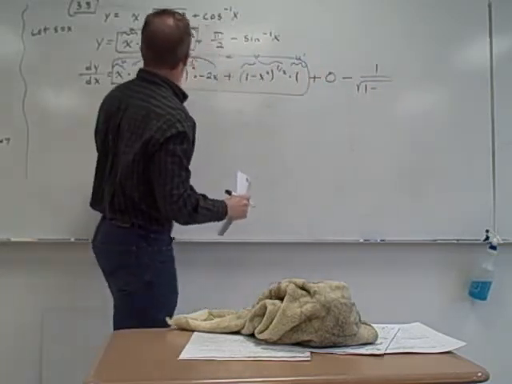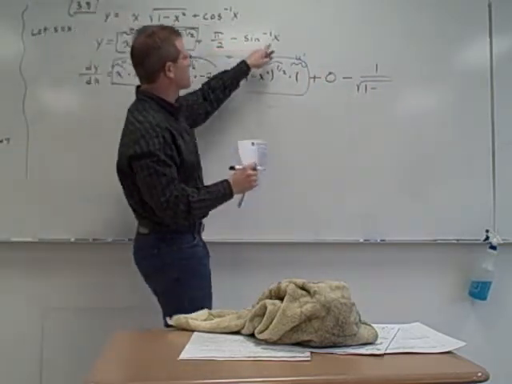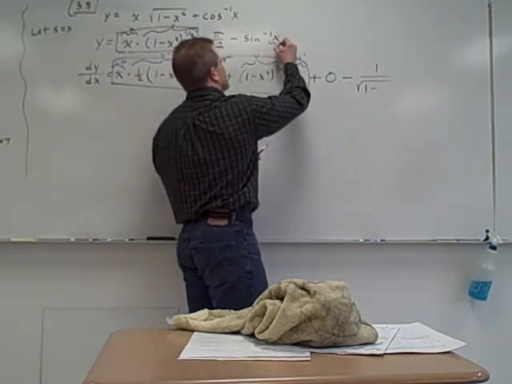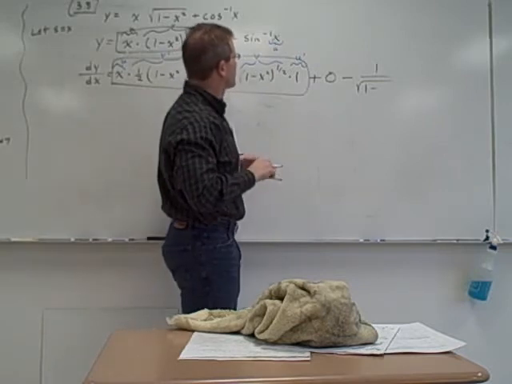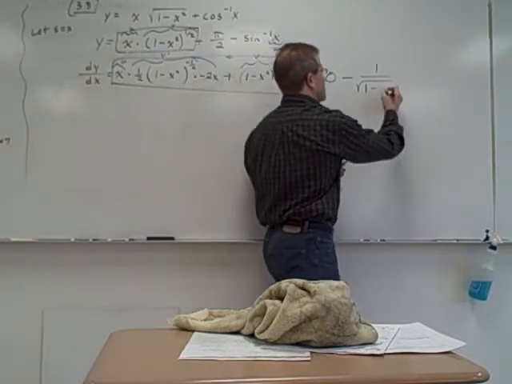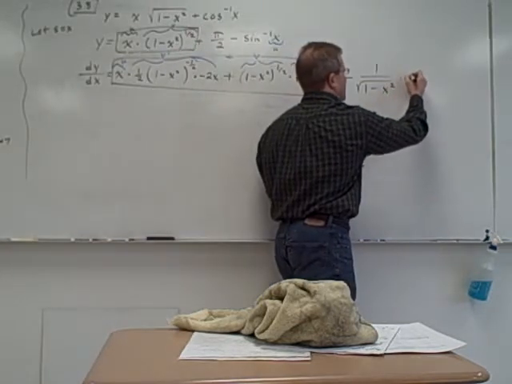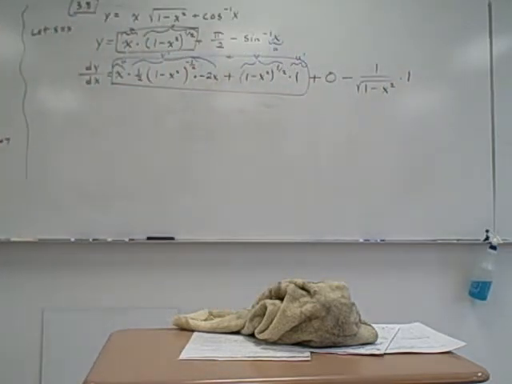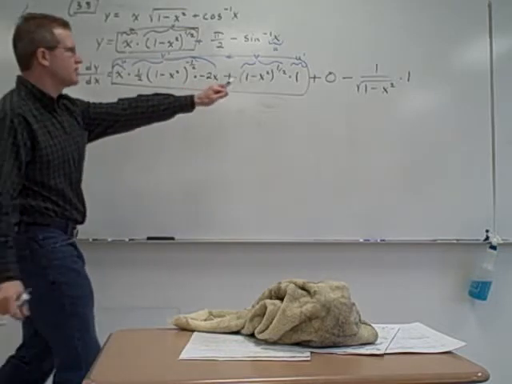Now u, in this case, is x. Your u is whatever is right next to the inverse sine. This is my u. Okay. So it's going to be x squared times the derivative of x, which would be 1. Any questions on that? That's just straight from your formula sheet.